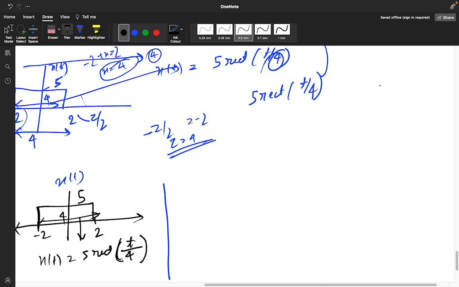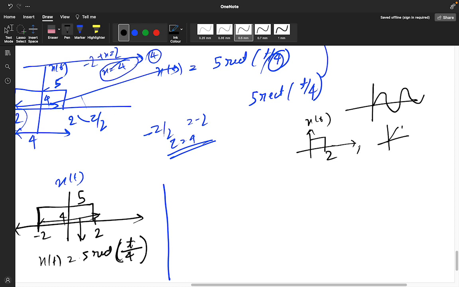I hope you remember time shifting and scaling. If this is some curve x of t, then x of t minus 2 will be advanced. Minus 2 means we need to add 2, so 0 will become 2 and 2 will become 4.